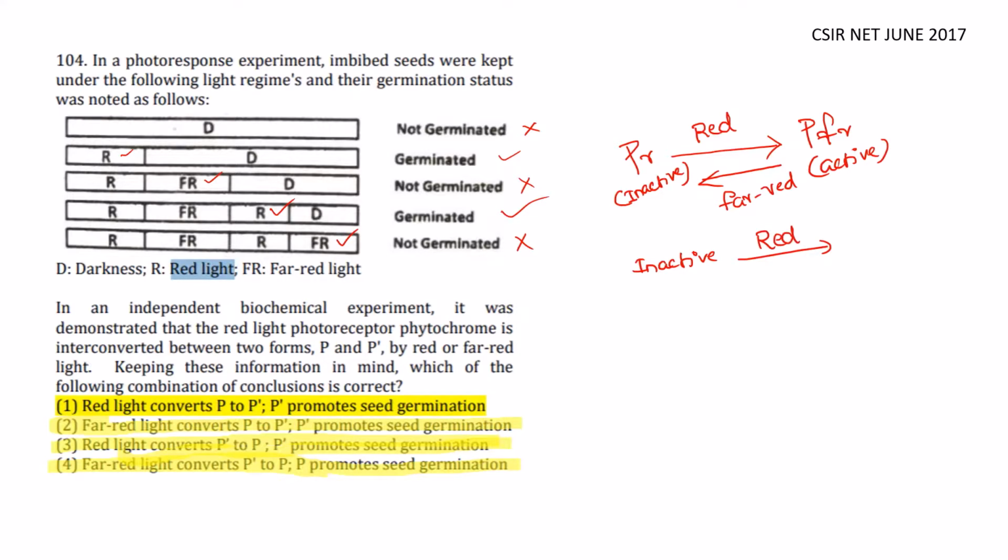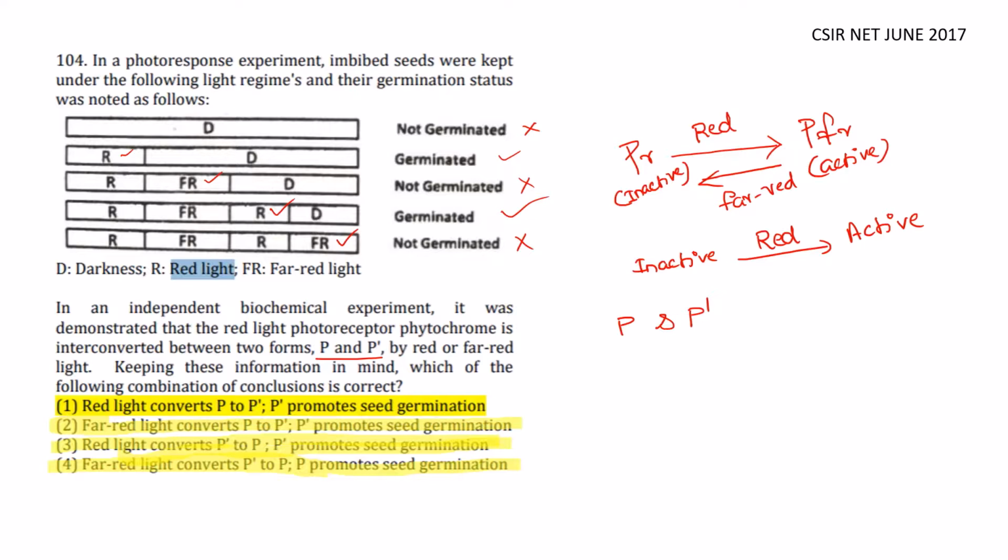So here red light is promoting seed germination. Okay. Here it is given that phytochrome is interconvertible between P and P dash. Here it is given P and P dash, but we don't know which one is PR and PFR. Okay. So here, which of the following combination of conclusions is correct?